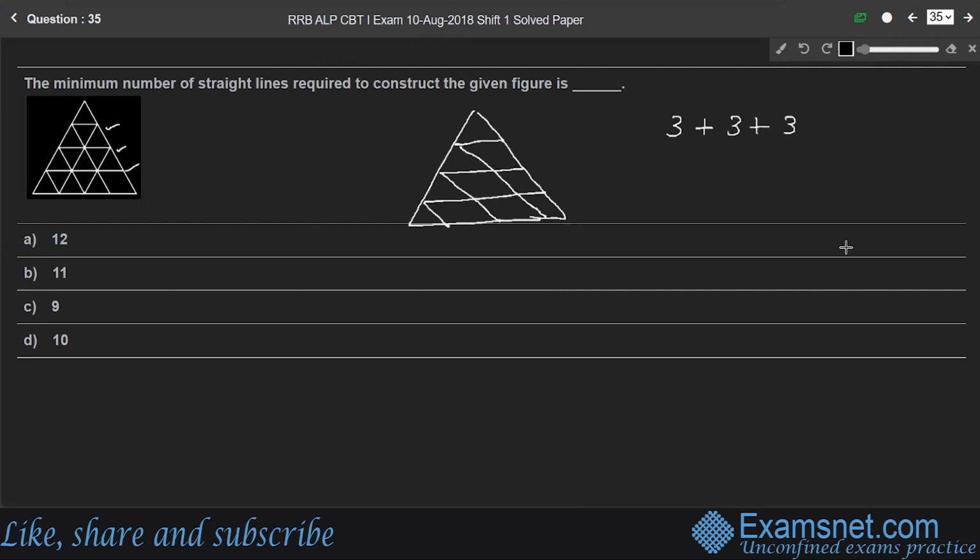To complete the smaller triangles inside, we have to start joining these points, 1 and 2 lines. 2 lines are enough. Therefore, plus 2. Together it is 11. So a minimum of 11 straight lines are required to construct this type of figure. Therefore, option B is the right answer.